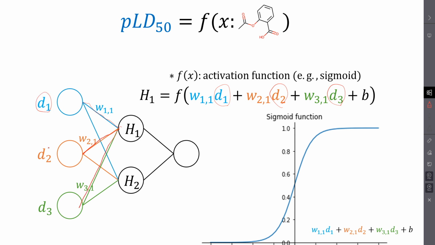So use these descriptors and use this weight value to calculate this linear regression. Actually, b is in here, but there is one more thing going on, and this is a part different from linear regression, and that's called the activation function. So it's not just using this linear regression-like equation, but it also applies this equation into this function called the sigmoid function.